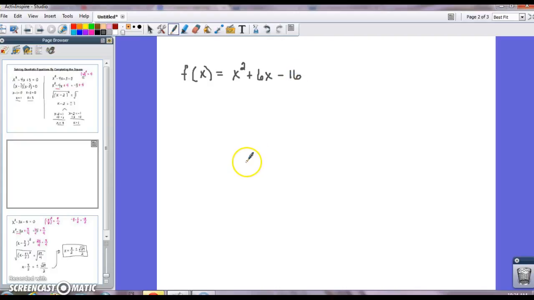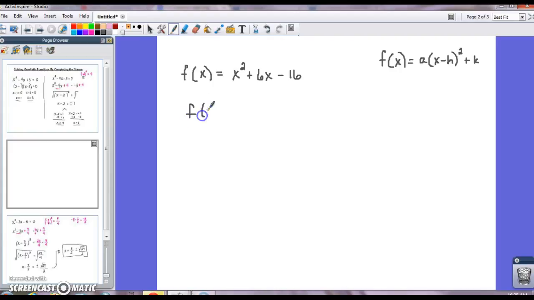Okay? I want to put that into vertex form. This is standard form. Remember, vertex form is f of x is equal to a times x minus h squared plus k. So I want to convert it from this form into this form. Here's what you're going to do. You're going to complete the square.